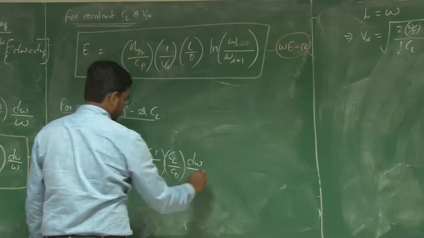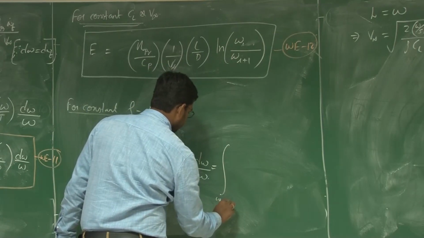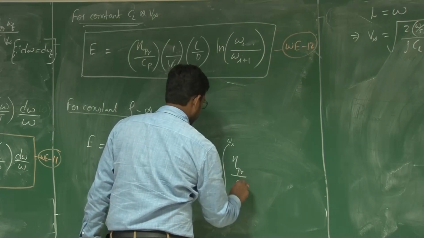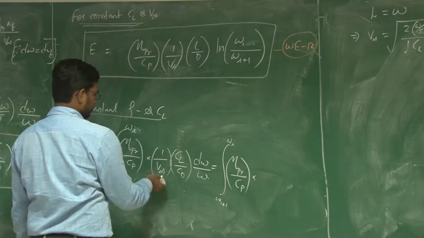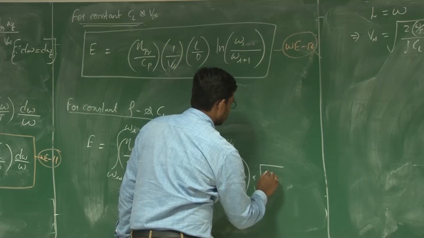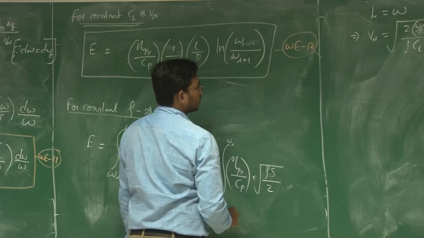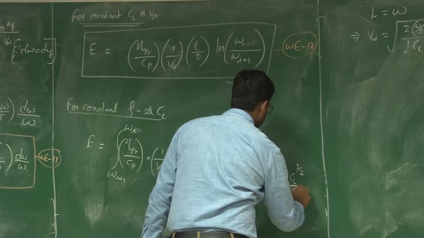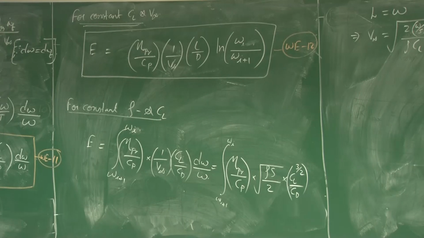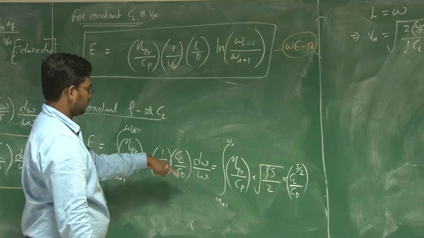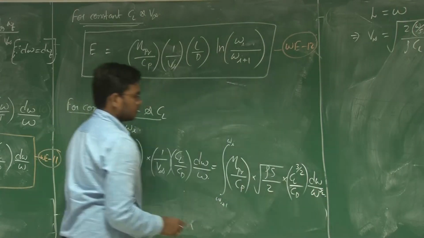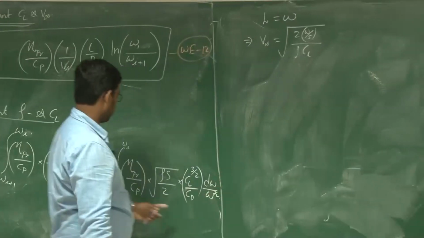Substitute that here. So what you have is the integral from Wi plus 1 to Wi of eta of the propeller by Cp into square root of rho S by 2 into CL power 3 by 2 by CD and dW by W into W power 3 by 2, right, because there is a root over W here and 1 by root CL.